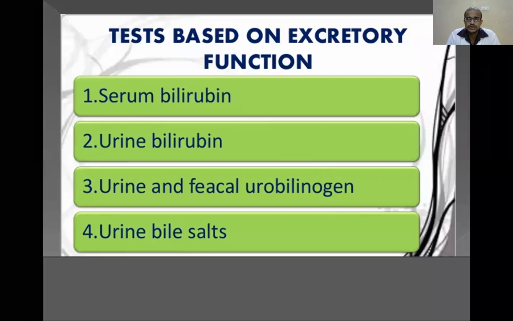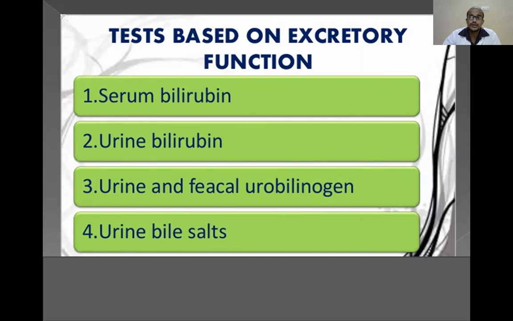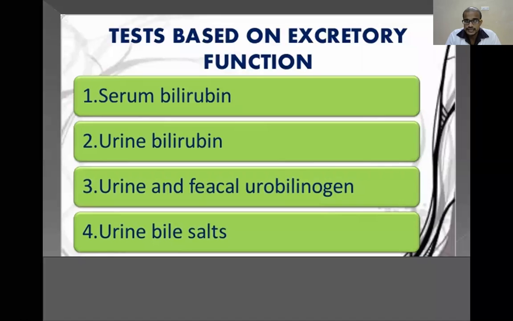The serum total bilirubin is 0.2 to 1.2 milligram per deciliter, and direct bilirubin is 0 to 0.4 milligram per deciliter. Similarly, urine bilirubin is generally absent. If it is seen, we can suspect some defect in the excretory function of the liver. Similarly for urobilinogen and urine bile salts. All the analysis of the different biochemical parameters and the interpretation, we had seen in the previous sessions.